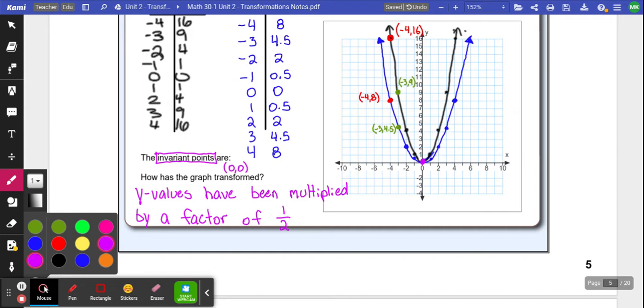That's not perfect mathematical terminology, but it's good for us just to understand what's going on. Okay, so it was multiplied by 1/2. Cool.